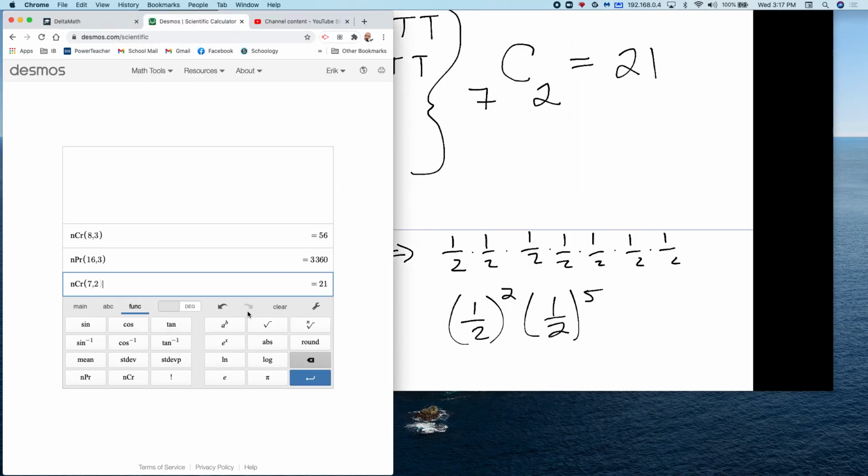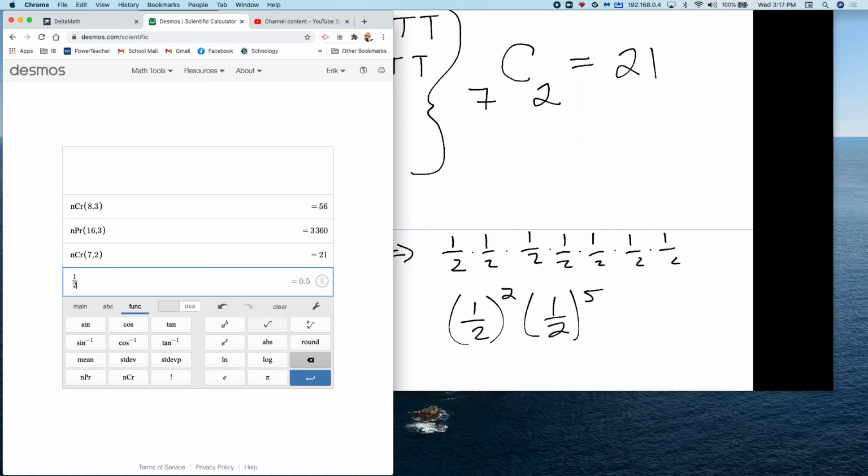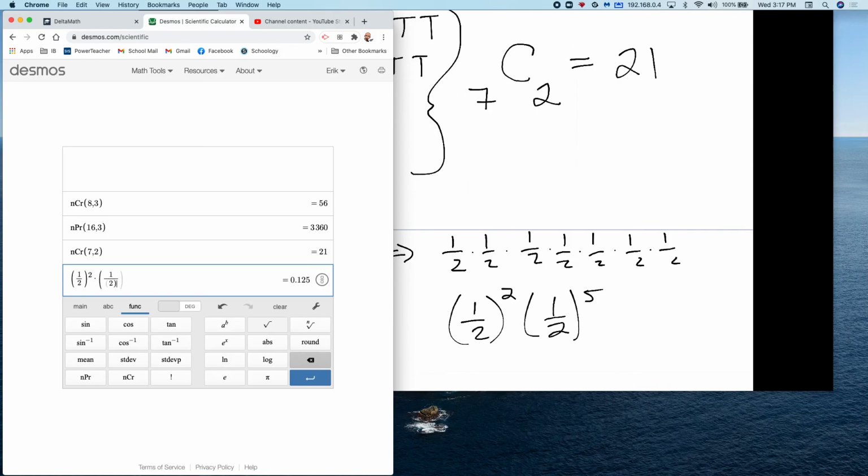On the calculator, I put a parenthesis around 1/2 and raise it to the 2nd power, and then times 1/2 to the 5th power, and I get that value.